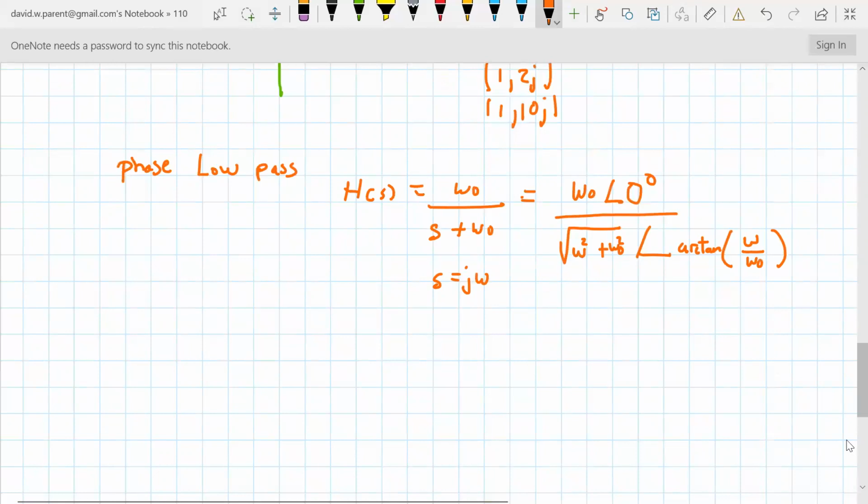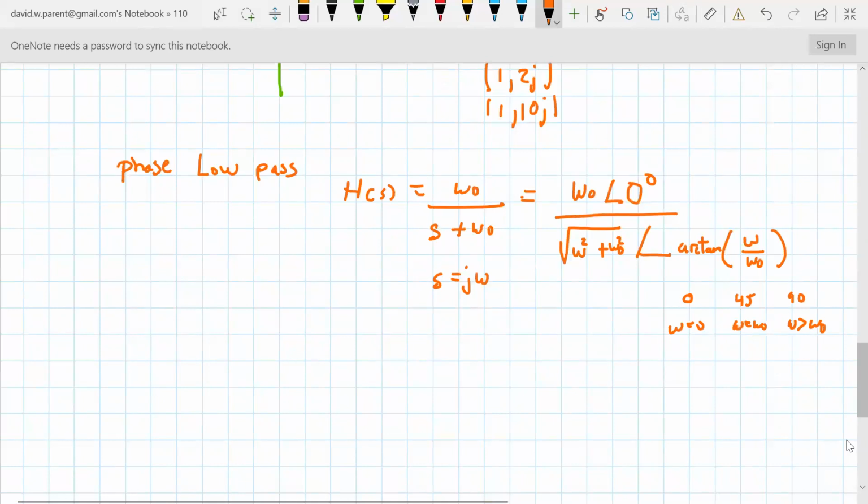Now this was the magnitude Bode plot, and we already did that. We're just worried about the phase. And so in our previous example, we went from 0 to 45 to 90. So we have 0 where omega equals 0. We have 45 where omega equals omega naught. And then we have 90 for omega greater than omega naught.